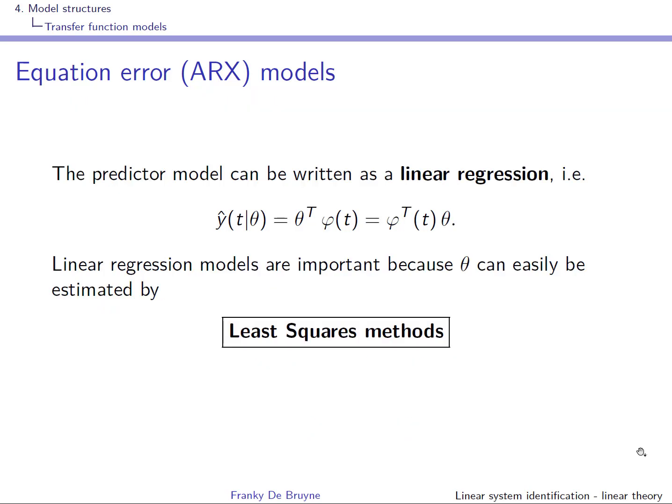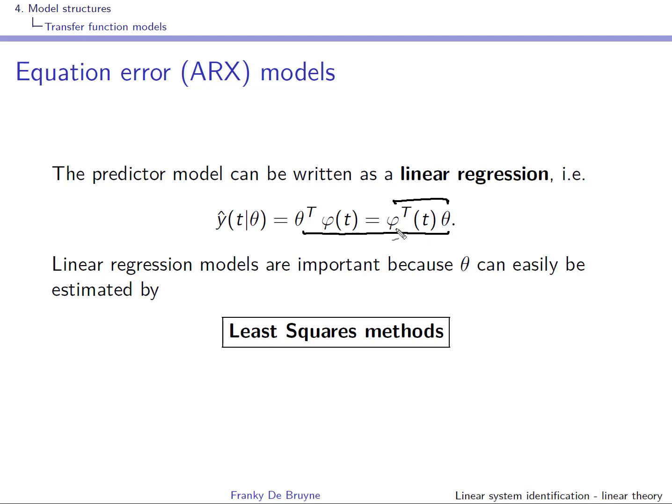So we have just seen that it's very easy to write the predictor for an ARX model. We have seen that the prediction can be written as follows, and you can see that the prediction is linear in the parameters. What is very important is that if we take this expression here, theta is a column vector, and this one here is a row vector.